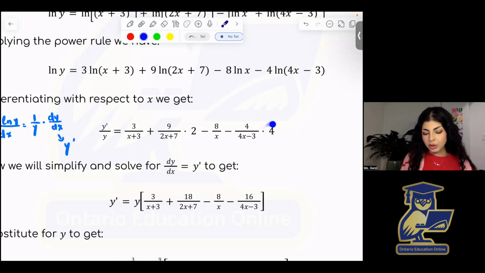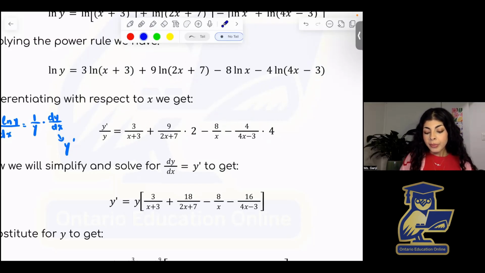But then we also have this 2 and 4 here. And where did these come from? It actually has to do with the 2x plus 7. So don't forget, we have a chain rule here, so we have to differentiate that inner function. In this case, it's 2x plus 7, so we just have 2. And in this case, it's 4x minus 3, so we are left with 4. And in this one, the derivative is just 1, so that's why we don't have anything here. And same with x plus 3, the derivative will just be 1, so that's why I don't have any additional terms here.